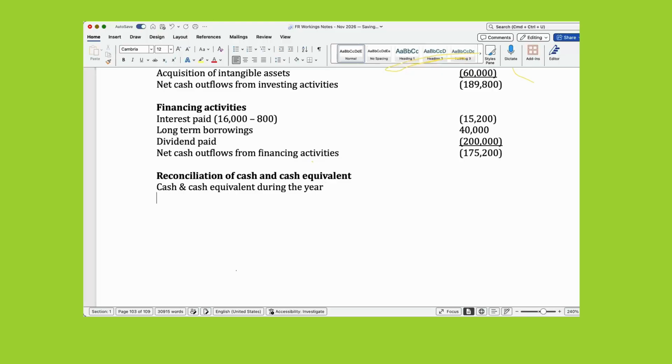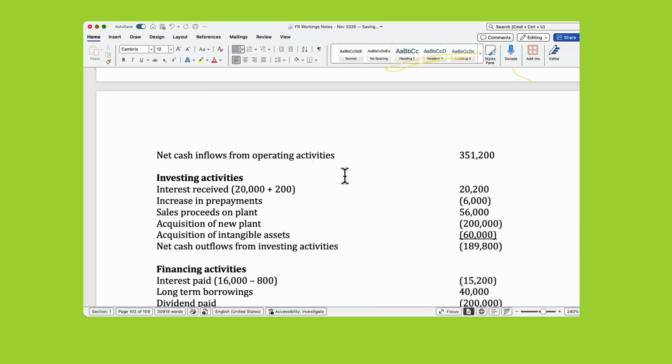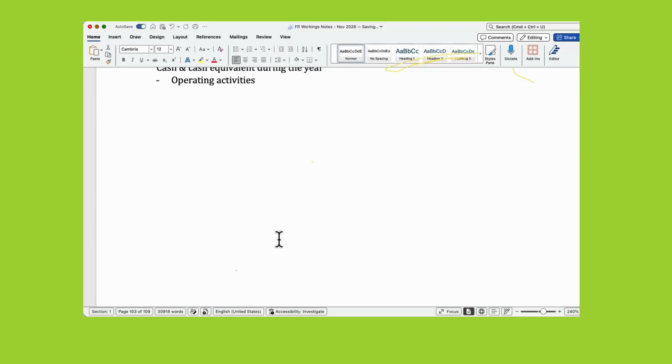Which is that of operating. How much was it? 351,200.